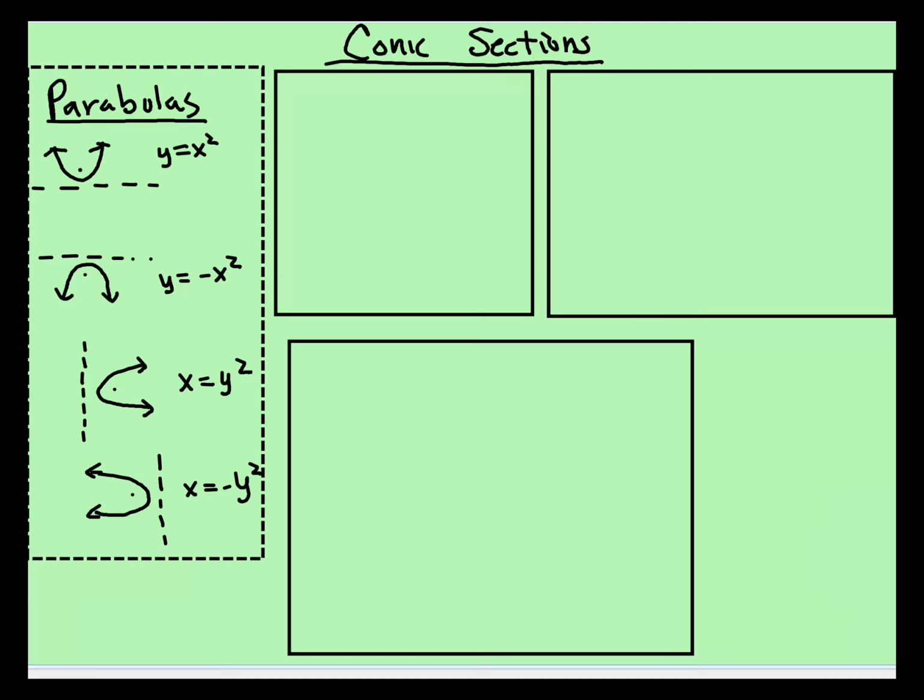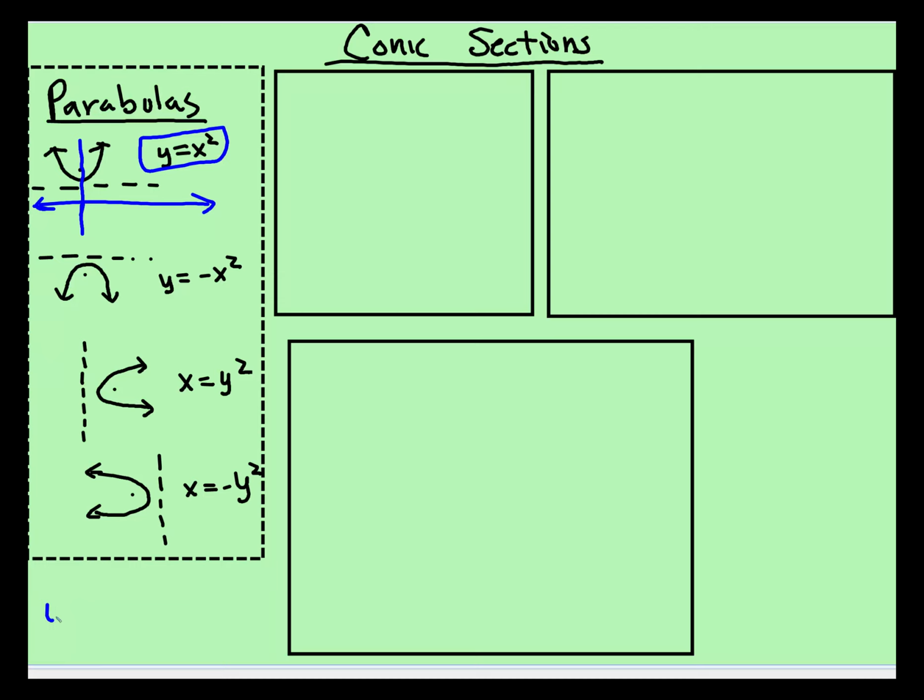You guys have been working on learning some of the tricks of parabolas probably since 7th or 8th grade. But notice, if this were a coordinate plane right there, a parabola facing upwards would look something like this. That would be the equation.